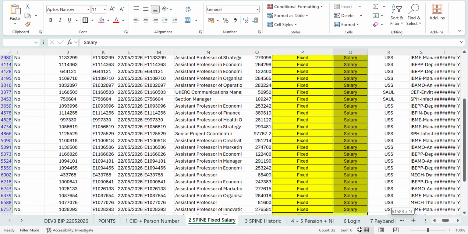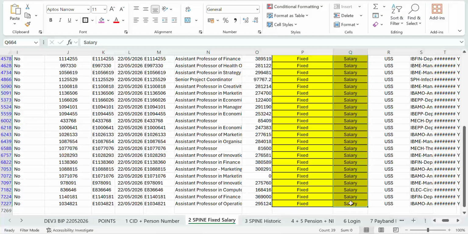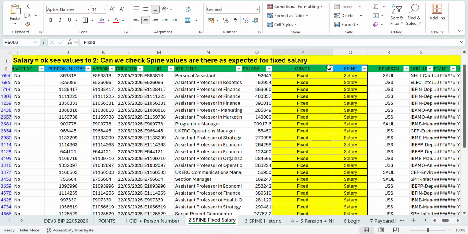Previous to this, we saw no value for salary. That's now been added in, so that should be fine. So we shouldn't have an issue here. It's just confirming the point. So that's it for spine fixed salary.